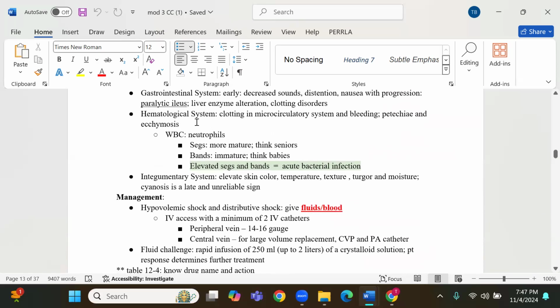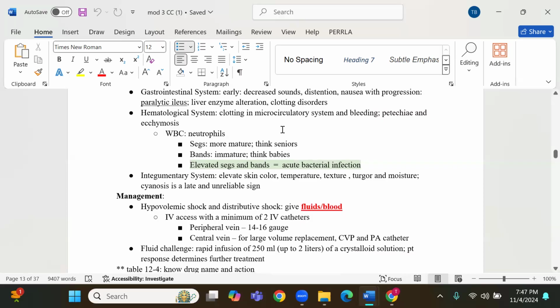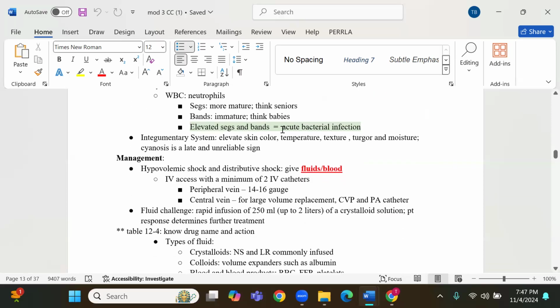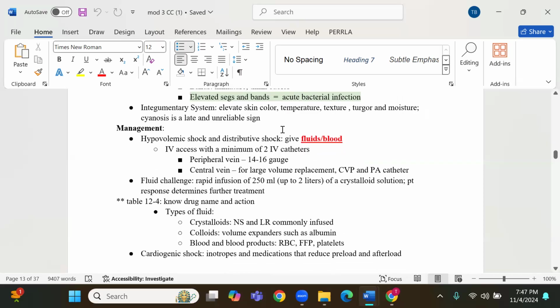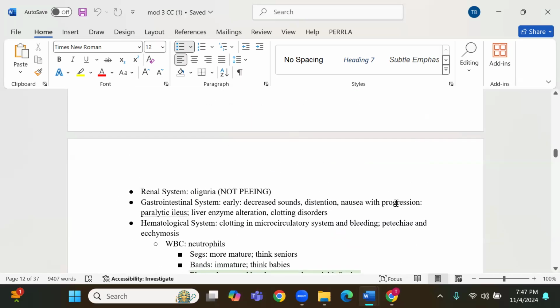And then look, hematological system, clotting in the microcirculatory system. And then the white blood cells obviously are either low or high. So I just want you to be aware of this. What do we do? We give fluids and blood, and we have to know how to treat this, right? How to expand volume and all of that.